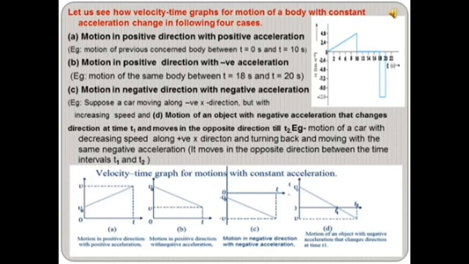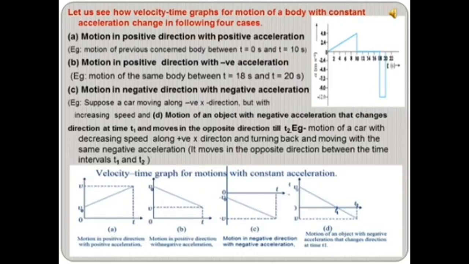And fourth case is motion of an object with negative acceleration that changes direction at time t1 and moves in the opposite direction till t2. For example, motion of a car with a decreasing speed along positive x direction and turning back and moving with the same negative acceleration.